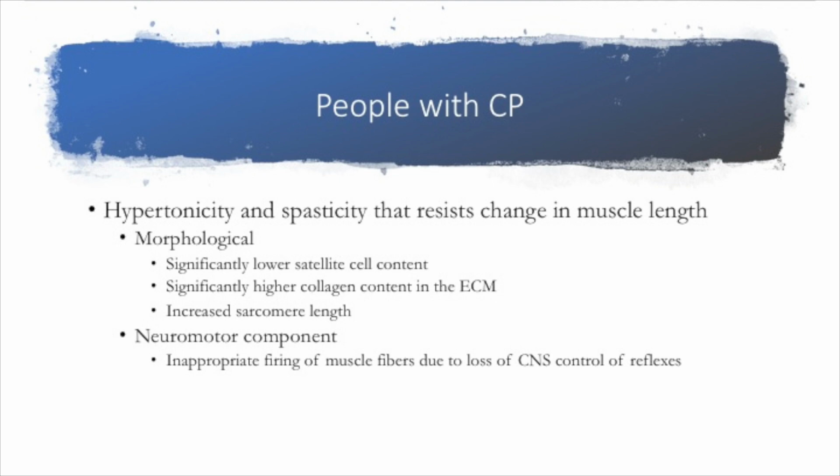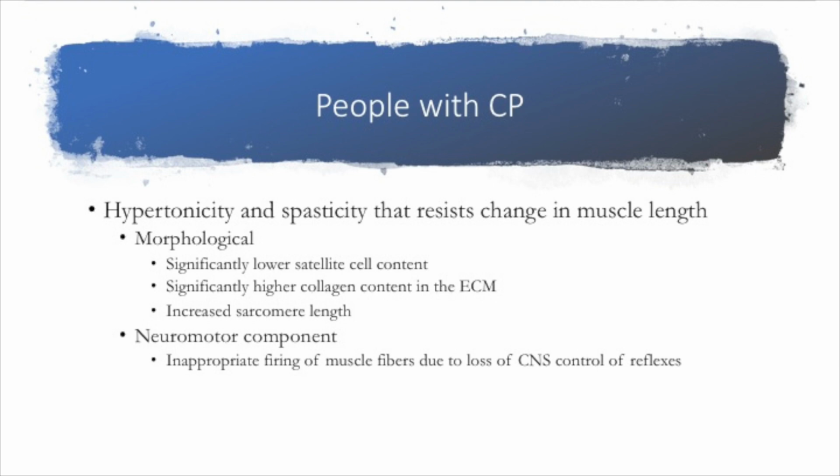Satellite cells regulate the collagen within the ECM. Studies have found that people with CP have a significantly lower satellite cell content compared to typically developing people. Studies have also shown that children with cerebral palsy have higher collagen content within the extracellular matrix. This could be related to the decrease of satellite cells.